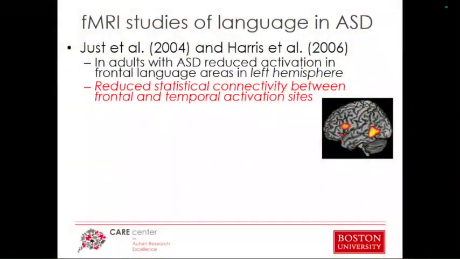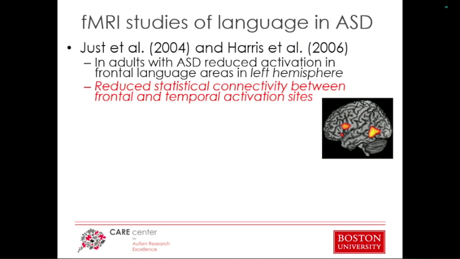And in initial studies that were done, both by Marcel Just and his colleagues, and then we replicated this with a slightly different task, in adults, we saw both reduced activation in that frontal language area, which is less asymmetric, and we also saw that there was reduced connectivity.